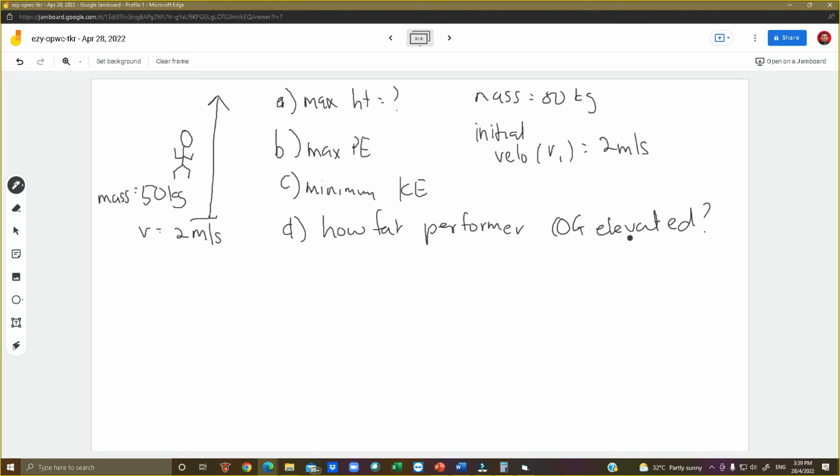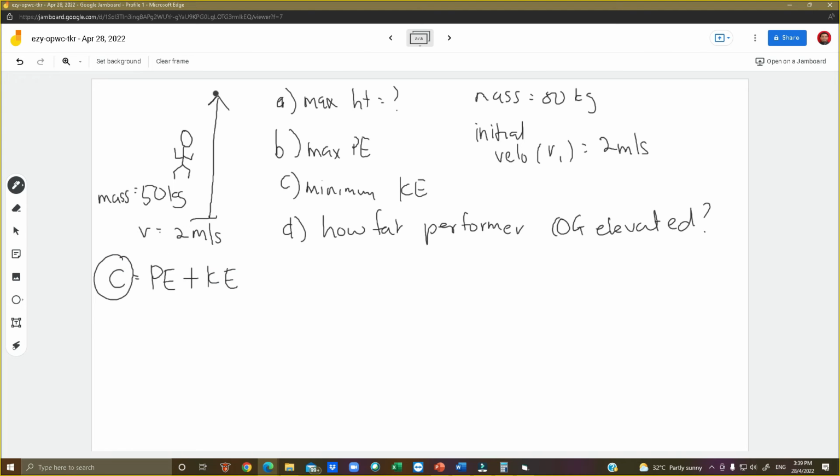Apa kita kena cari dulu dalam benda ni? What are the things that we need to find based on this equation? Semua ni PE, KE apa semua. So the first one, when you see this kind of problem, find C. Constant ni cari dulu. Because this constant talks about the energy you have in the system.